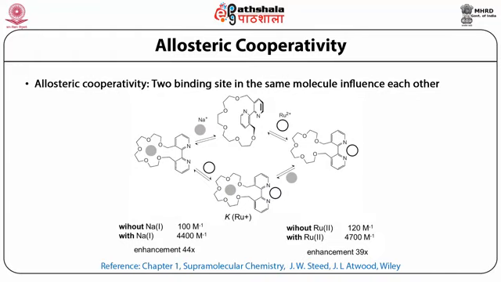In both scenarios, if you don't add the sodium or the ruthenium, the corresponding association constant is pretty low. When we add the sodium or ruthenium, the enhancement is more than around 40 times. So this is what cooperativity is, where the presence of another molecule at one binding site influences the other binding site.